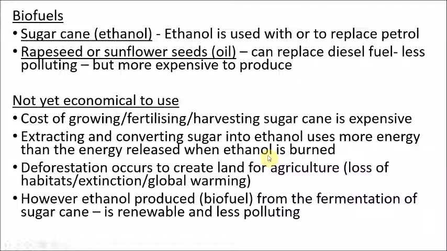So you're actually expending more energy than the ethanol that you're creating is going to make for you. So it's a bit counterproductive almost. Deforestation has to happen to make the land for the agriculture, so you've got all the issues there with loss of habitats, global warming, etc. However, it still stands that it is renewable and it's less polluting.